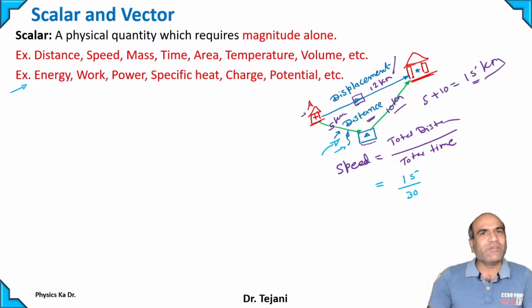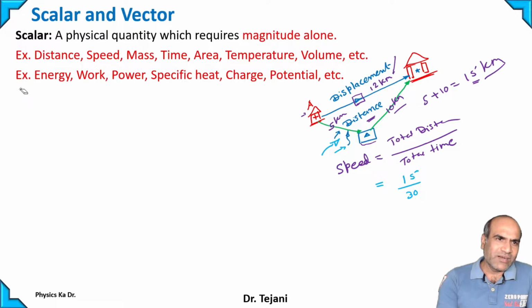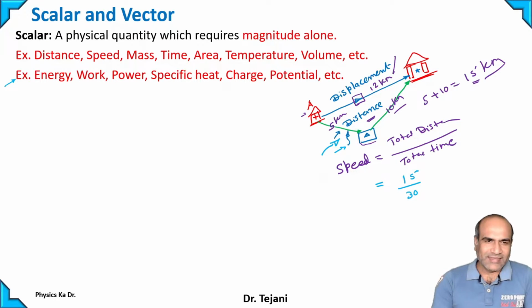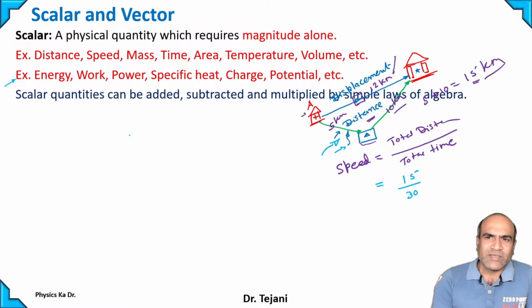But for that, we need to understand vector multiplication in terms of dot product as well as cross product, right? Then only we'll understand how all these items are a scalar quantity.